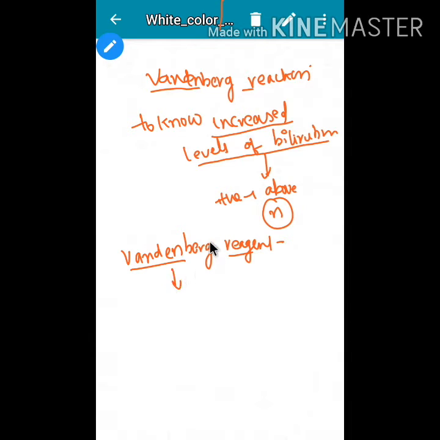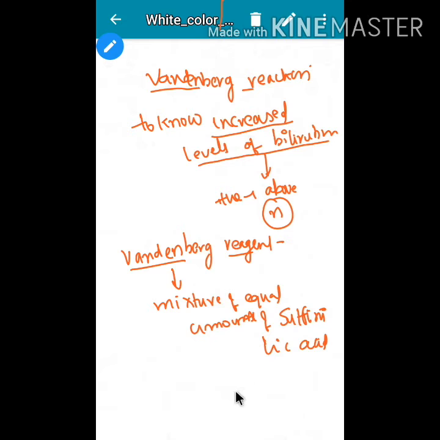This is a mixture of equal amounts of sulfanilic acid and sodium nitrite. Okay, Vandenberg reagent, it is a mixture of equal amounts of sulfanilic acid and sodium nitrite.